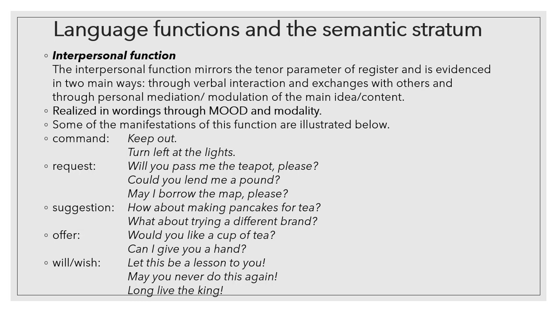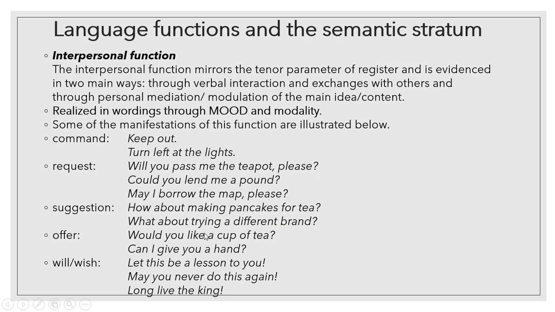It means that the manifestation of speech functions will be expressed this way. For example, a command: keep out, without a subject. Turn left. Request: will you, could you, my, please. Suggestion: how about making pancakes for tea? How about trying a different brand?